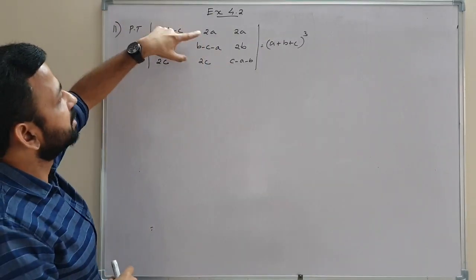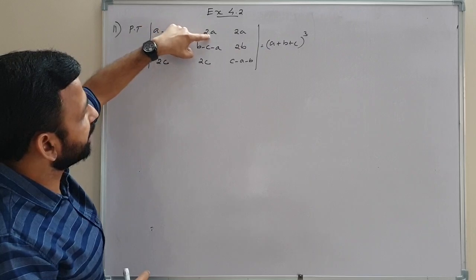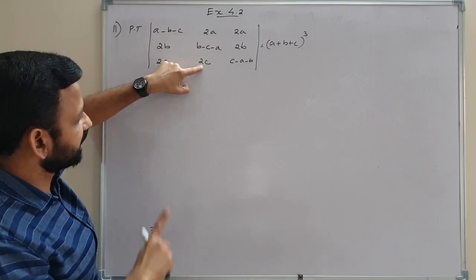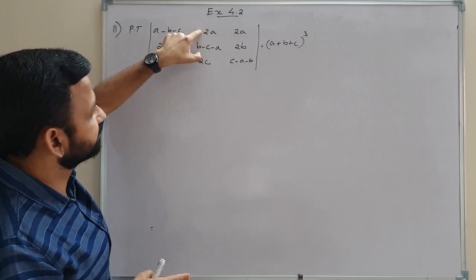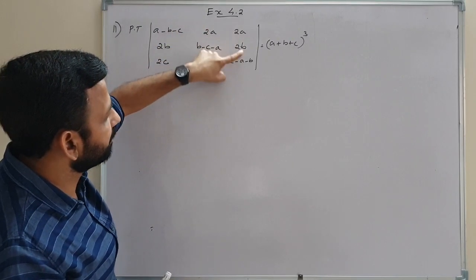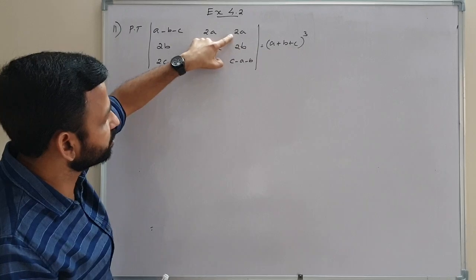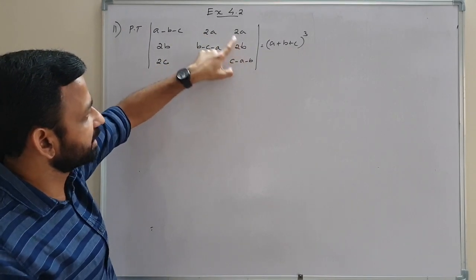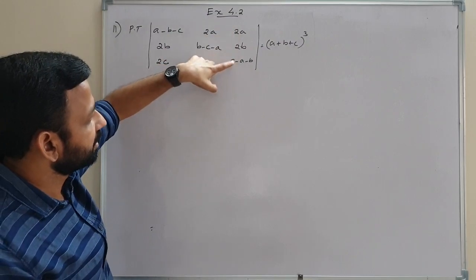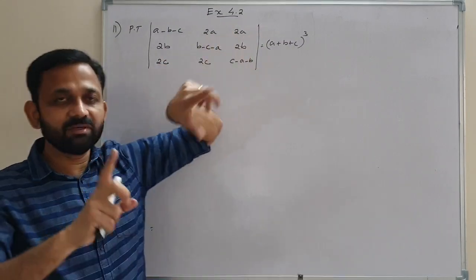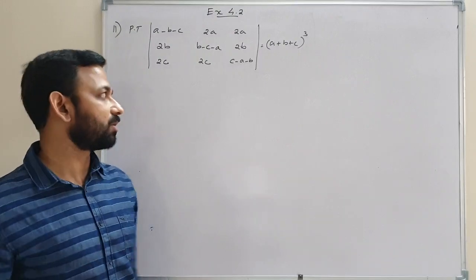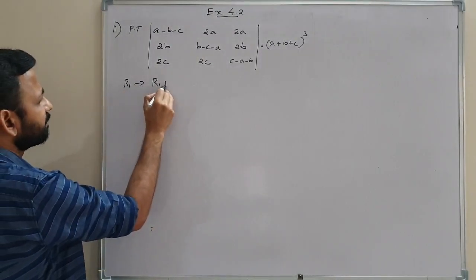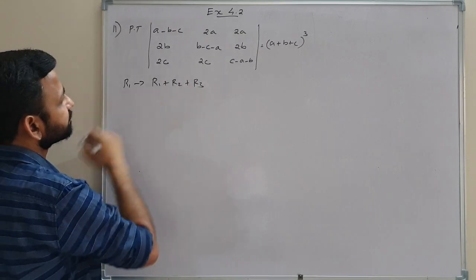And here 2a minus a is a, plus b, minus c plus 2c is c, so a plus b plus c. Again 2a minus a is a, 2b minus b is b, plus c, that is a plus b plus c. We will get this in the first row. So that is the operation: R1 tends to R1 plus R2 plus R3.